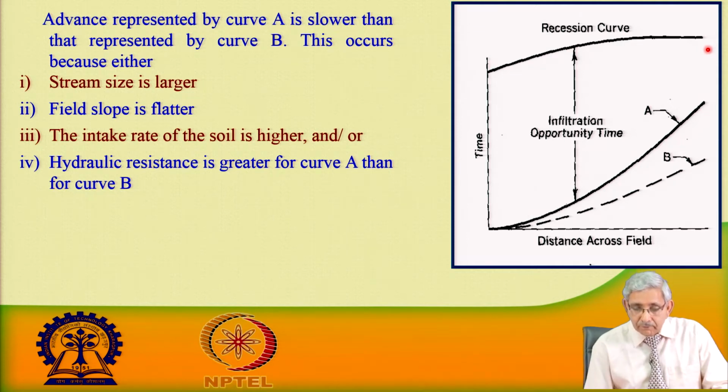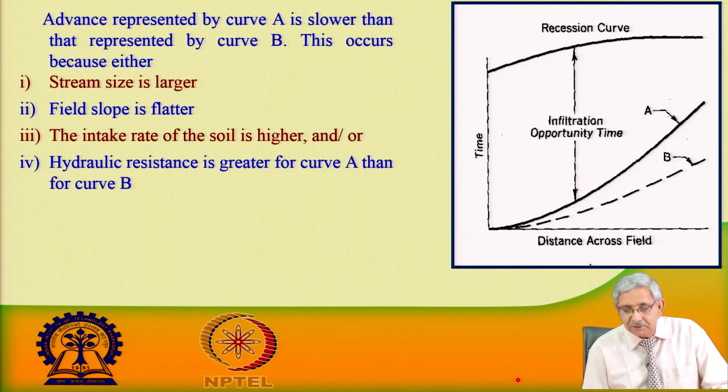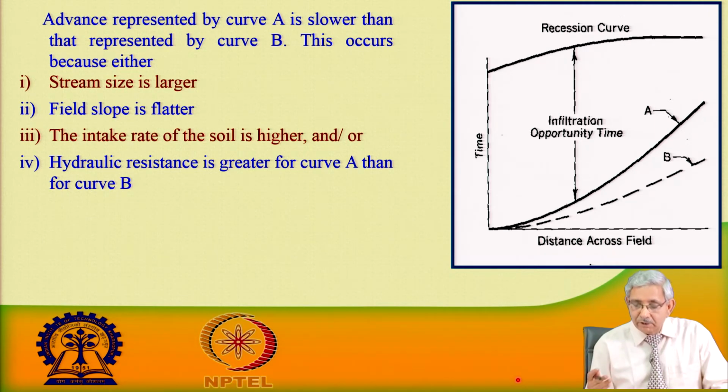When there is a difference between the curves, why could this difference in the advance curve be? It could be because the advancement of the stream is slow.